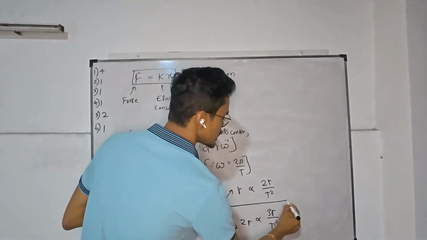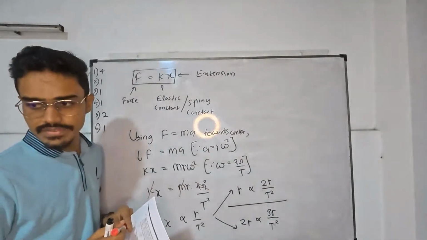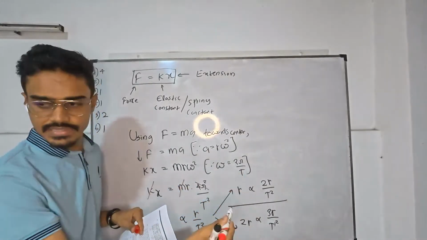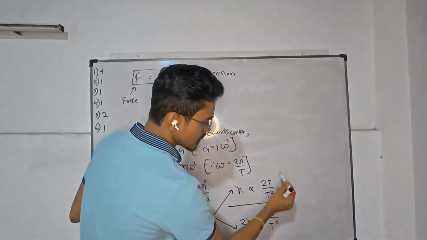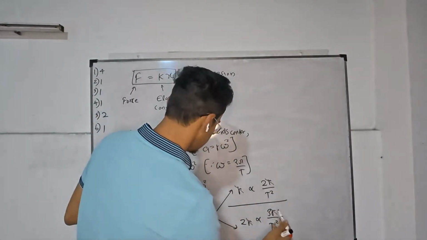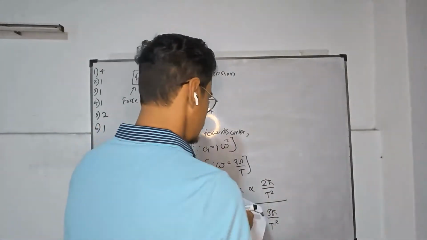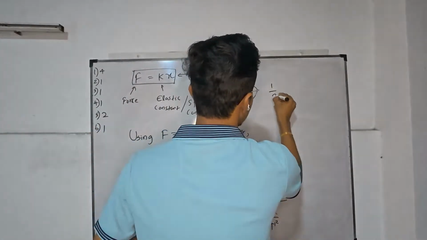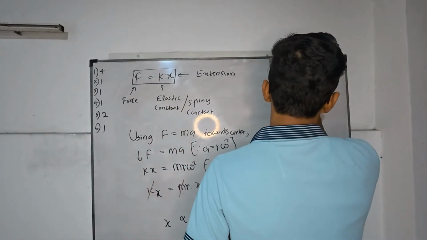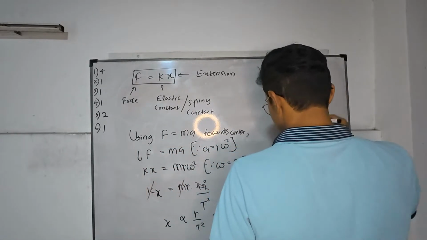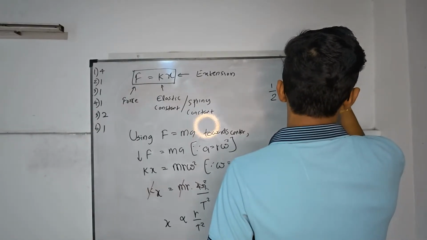Now divide these two equations. When equations are divided, the proportionate sign becomes an equal sign. The r's cancel. From the left hand side, 1 over 2 equals, from the right hand side, 2 over T squared multiplied by the reciprocal, T dash squared over 3.